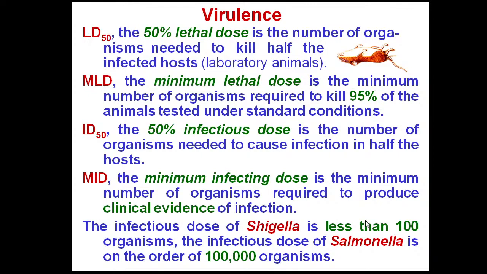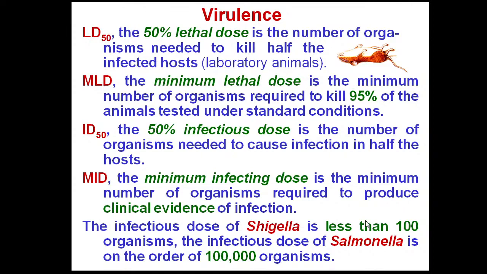So what does it mean? That the second strain is less virulent than the first strain, because twice more organisms are needed to cause death of 50% of the hosts. Okay? Then minimal lethal dose.